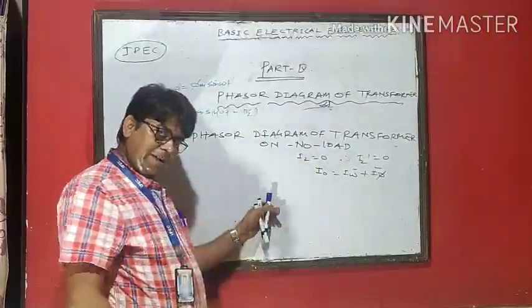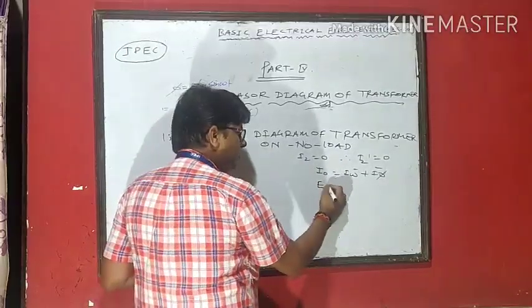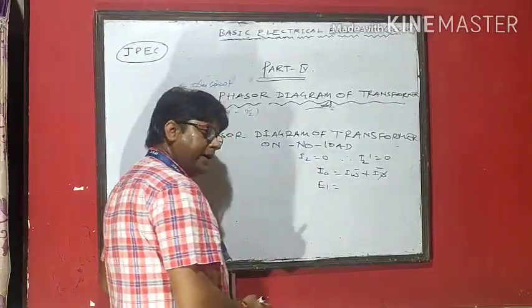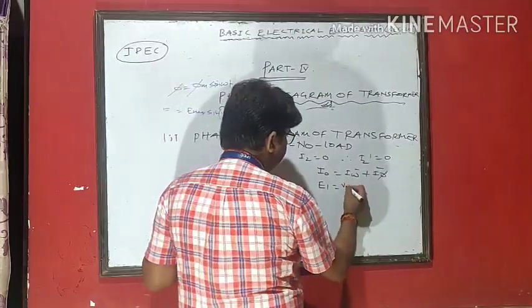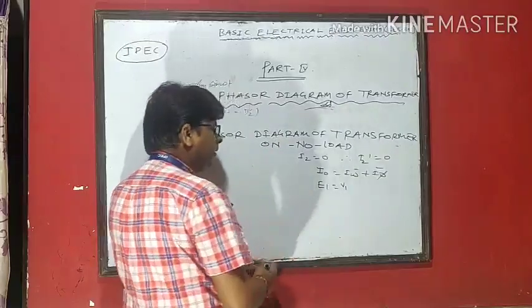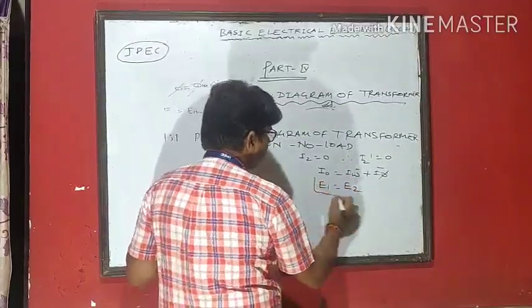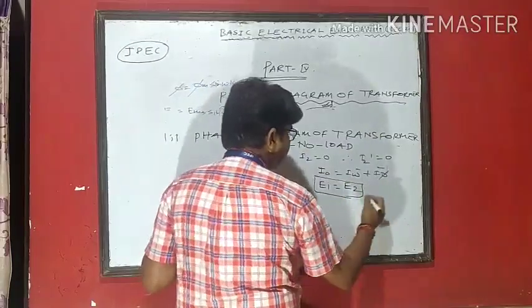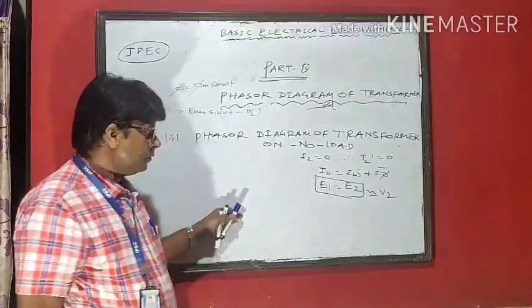From the approximate circuit diagram, E1 equal to E2, and that is approximately equal to V2.